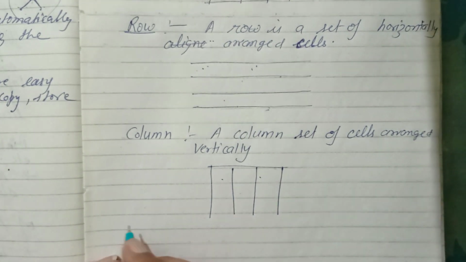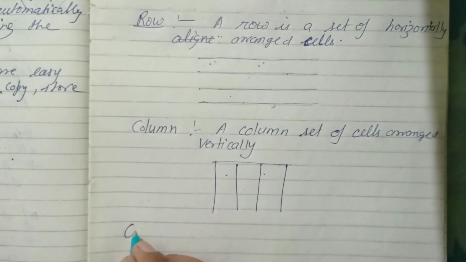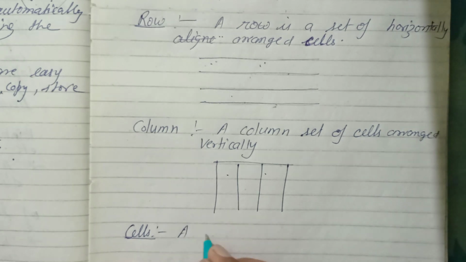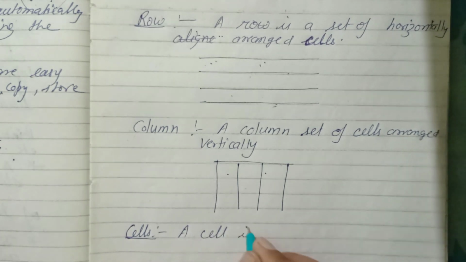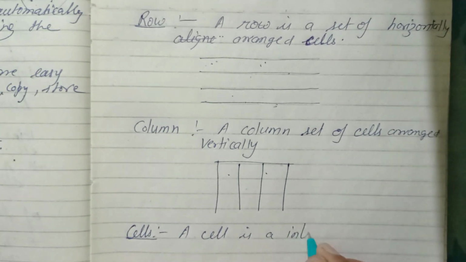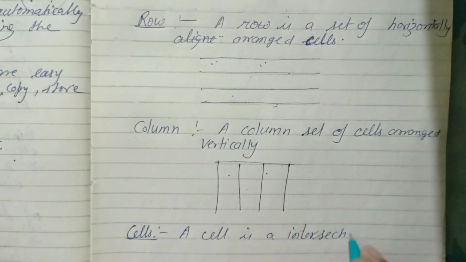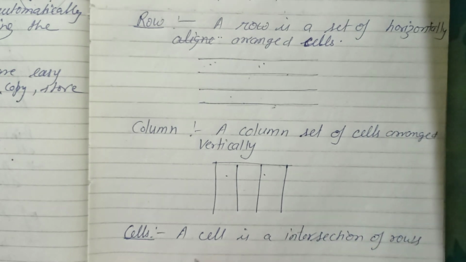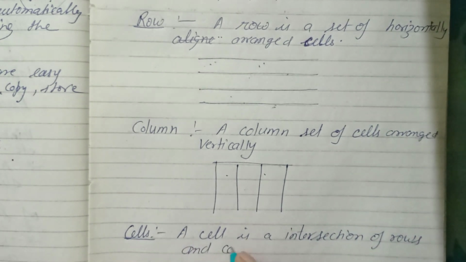Now the next term is cells. What is a cell? A cell is the intersection of rows and columns.